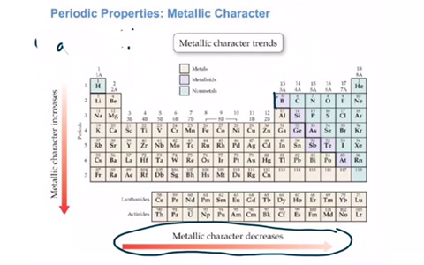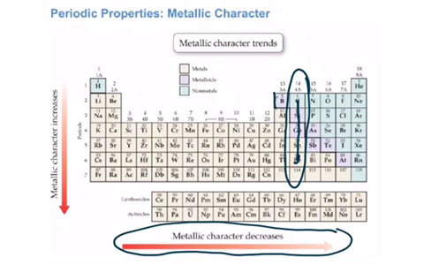Now, let's take a look at what happens as you go down a group. The best example would be, let me pick right here. Notice that when you're at the top, when you're carbon, you're a non-metal. As you go down, all of a sudden now you're a semi-metal. By the time you get to the bottom of that group, you're a metal.